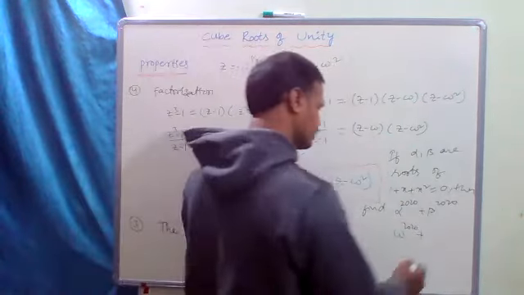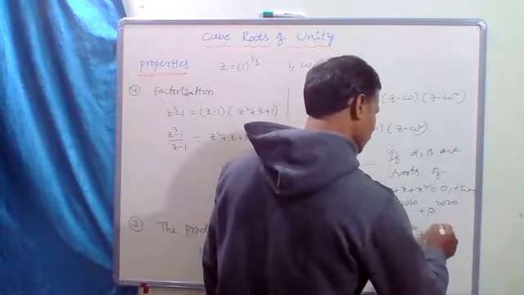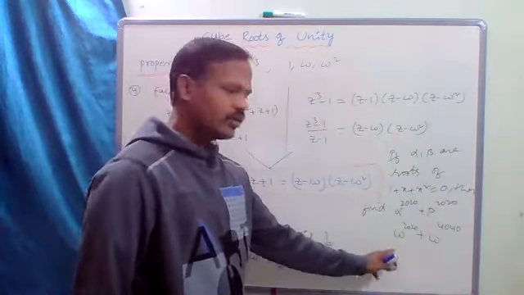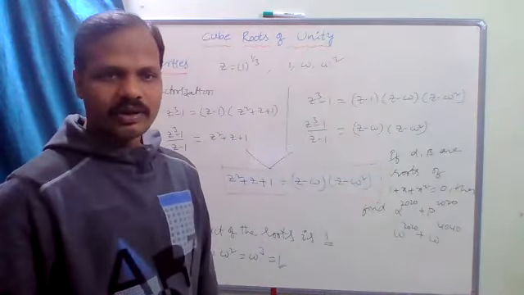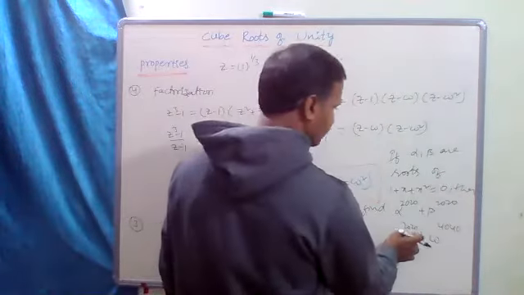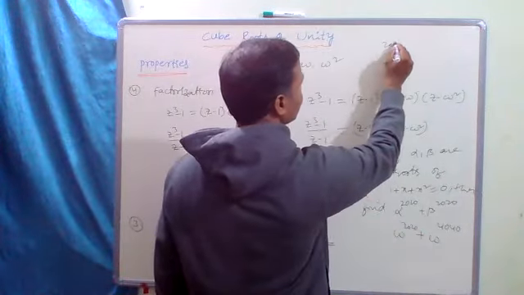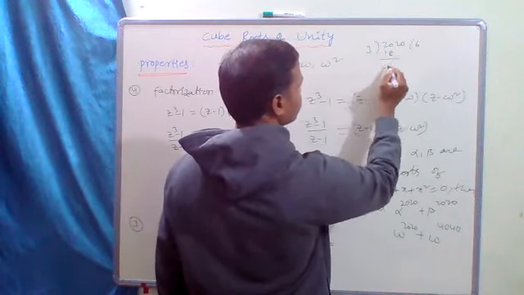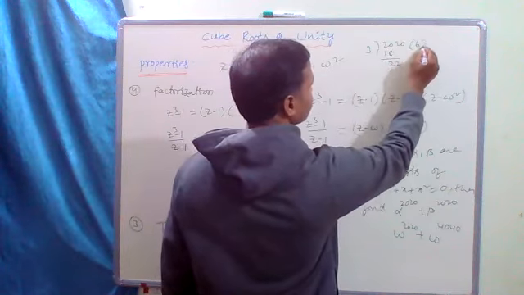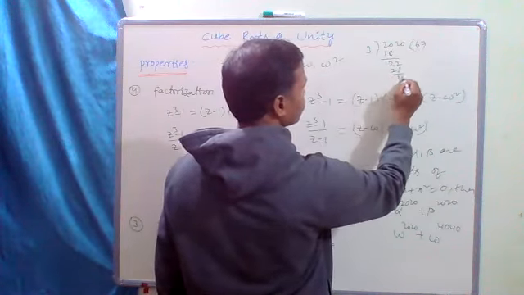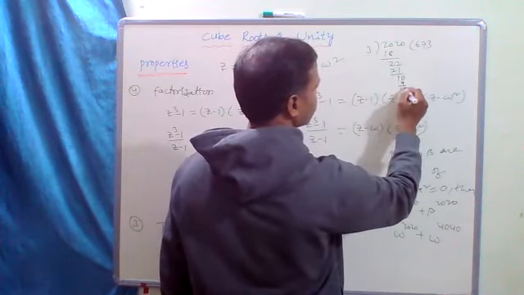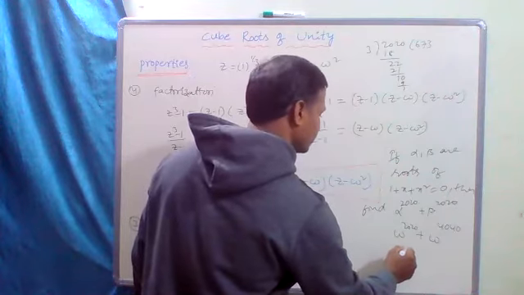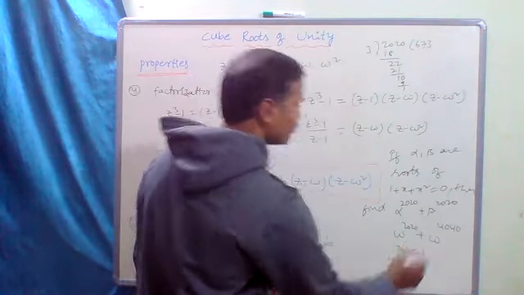So omega power 2020 plus beta, which is omega square, gives omega power 4040. And now we know that omega cube equals 1. So 2020 can be written as 3 into 673 plus 1.